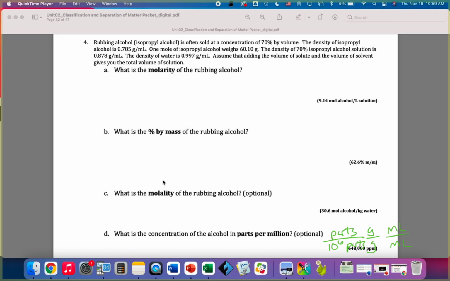So I like starting with the percent by mass problem. So percent by mass, 62.6%. That is a part problem. So 62.6 grams of isopropyl alcohol divided by 100 grams total. So that is parts.